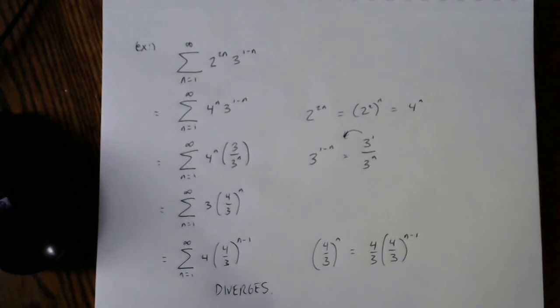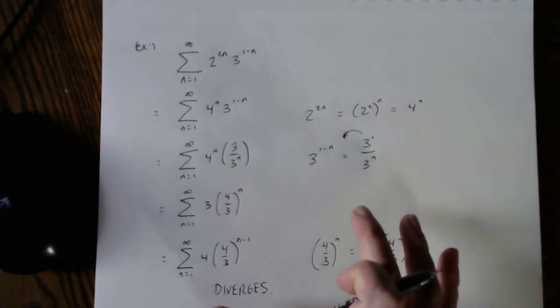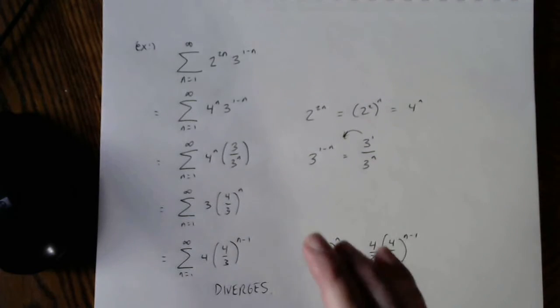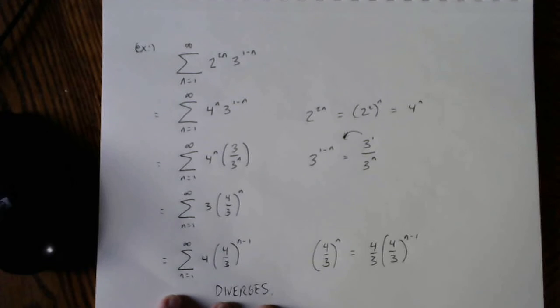And I want to make this point. When you do the problems in this chapter, I shouldn't have done that. We're going to determine behavior, but we also need to be explicit stating why. We know why, and I put that it diverges. But I have to tell the reader why.